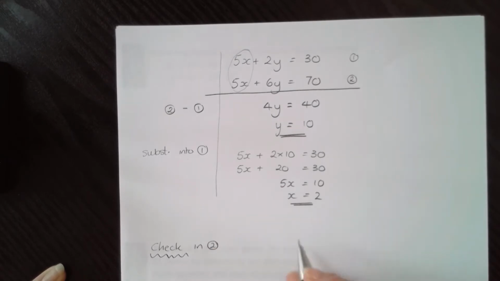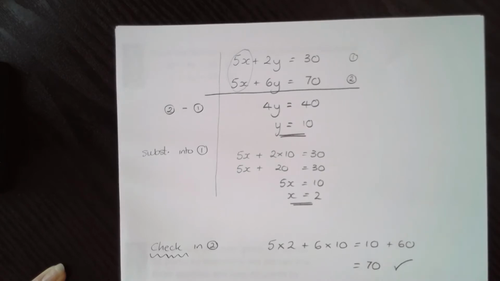So equation 2 says 5x, 5 times 2 and 6 times 10. That's 10 plus 60, which is equal to 70. Is it supposed to equal 70? Yes, it is. I've got it right.